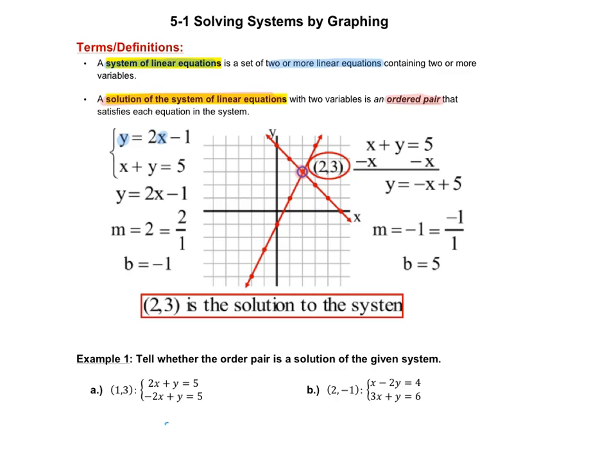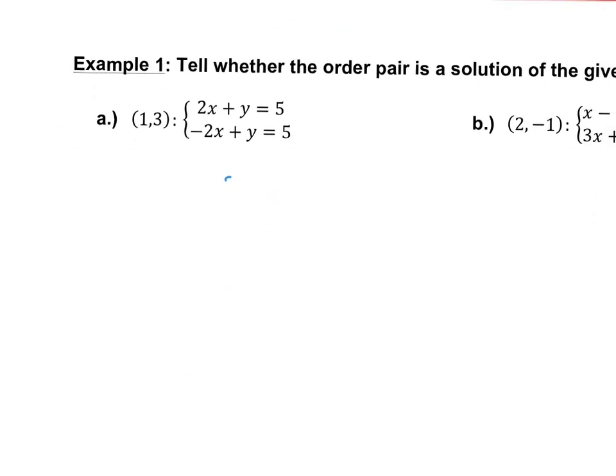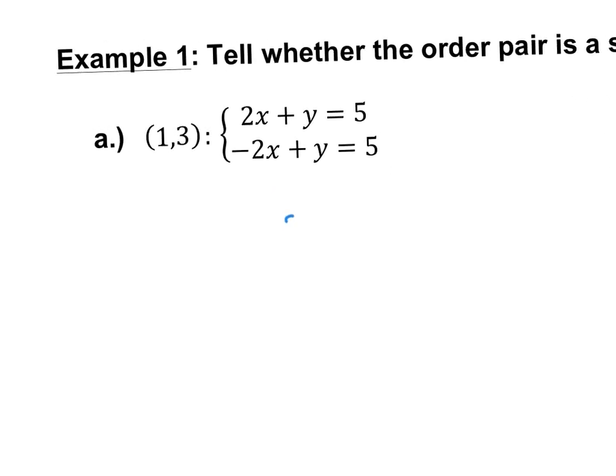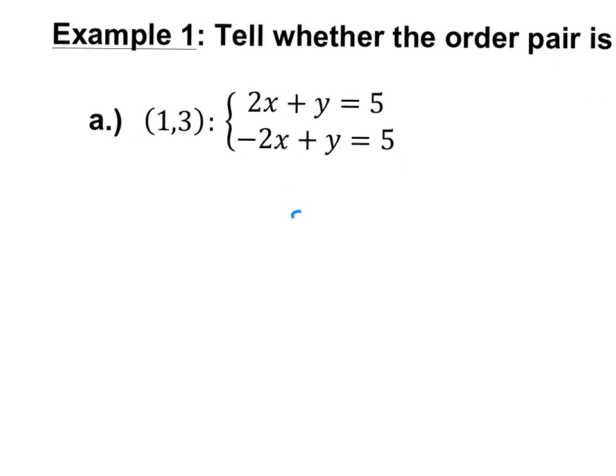In example 1, the first thing they want us to do here is tell whether that ordered pair is a solution or not. So it's looking at 1, 3, and we're trying to see if that's a solution of the system of equations.